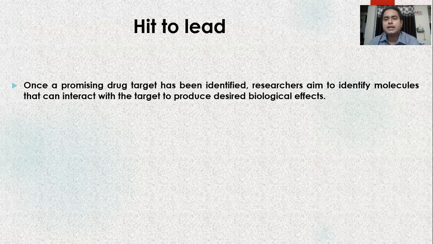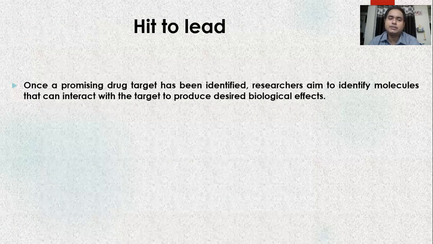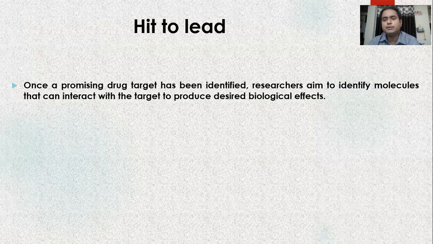Once you have entered the basic research with a large molecular library of 10,000 or 5,000 compounds, and you get some effective compounds that show efficacy in in silico or in vivo studies, you identify a hit molecule. That hit molecule can be converted into a lead molecule and recognized as a lead molecule after validation in in vivo and in vitro studies.